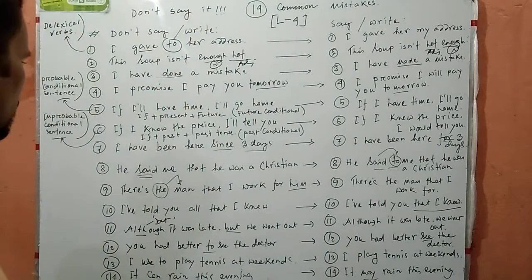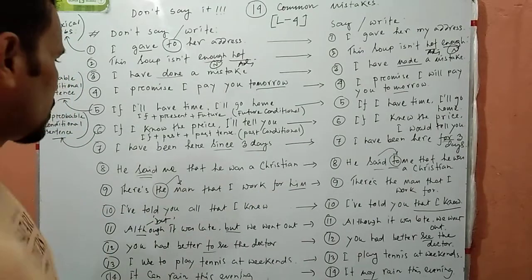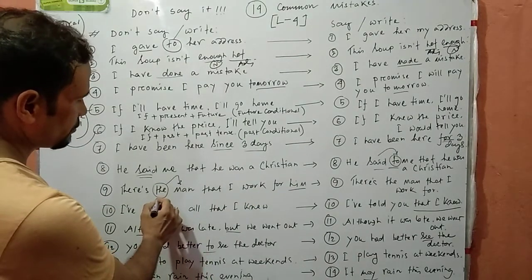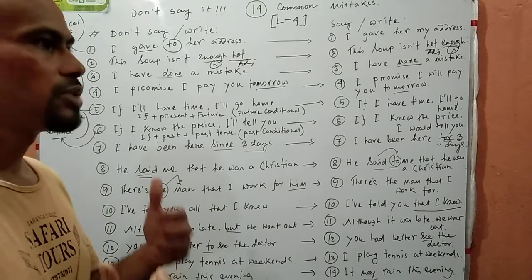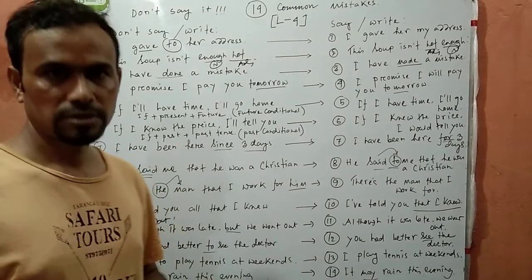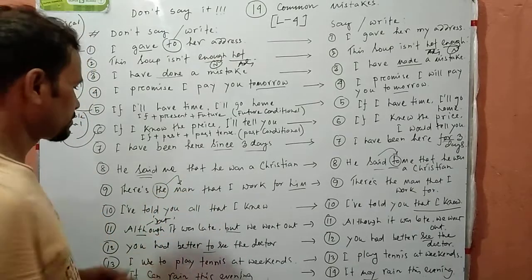So next sentence, there's the man that I work for him. Here you see, my friend, the is used here as an indicator. So the indicates the man.